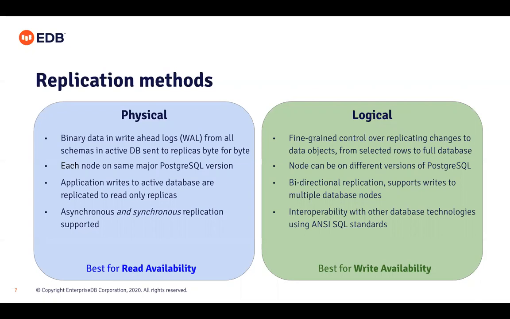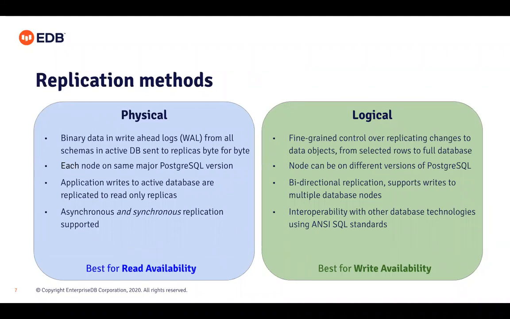Now let's switch over and talk about logical. If we're talking about logical, we're talking about how we think of the database in relational database terms and SQL. So it's tables, it's columns. We have much finer grained control over how changes are replicated from the objects in the database.